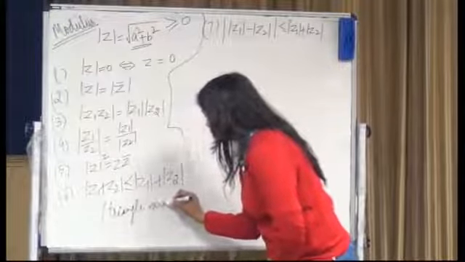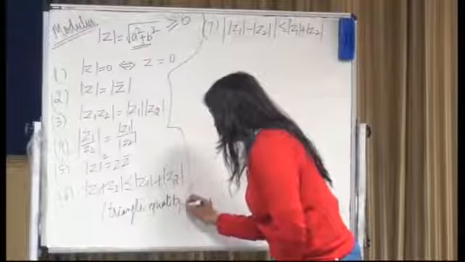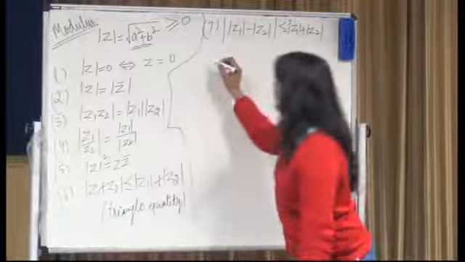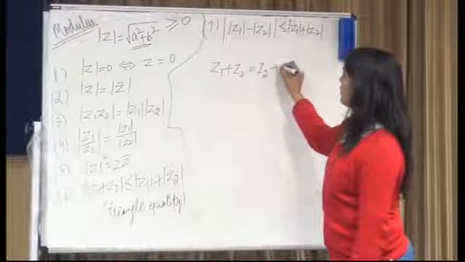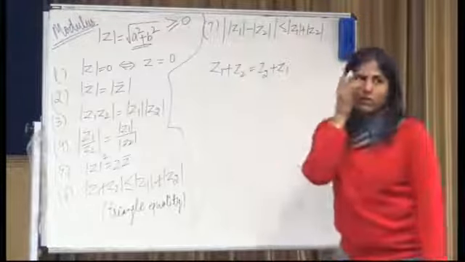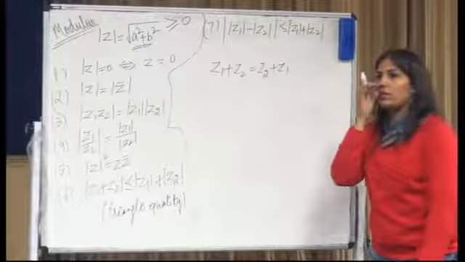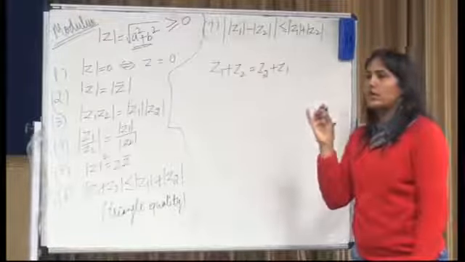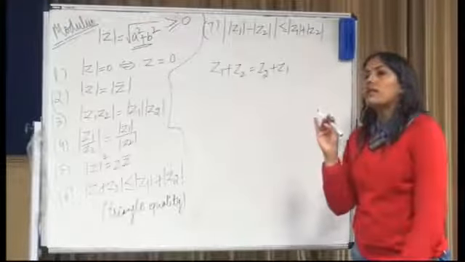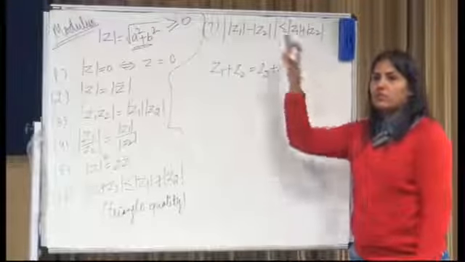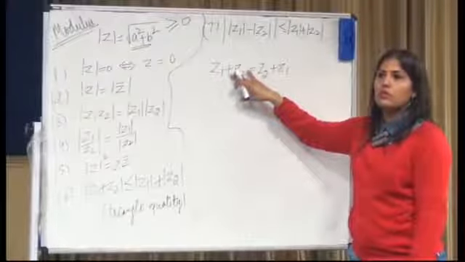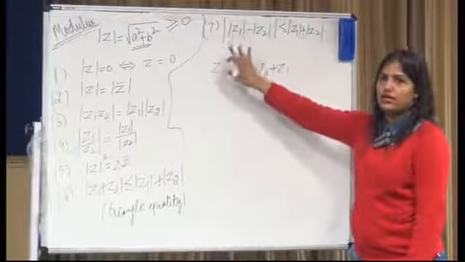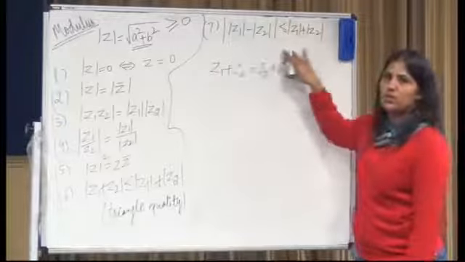I don't know which properties you were telling. Commutativity is basically this. And I know the complex numbers form a field, meaning commutative, associative, identity, inverse, with respect to plus and with respect to multiplication, it holds good. But this is a simple one. You can easily check.